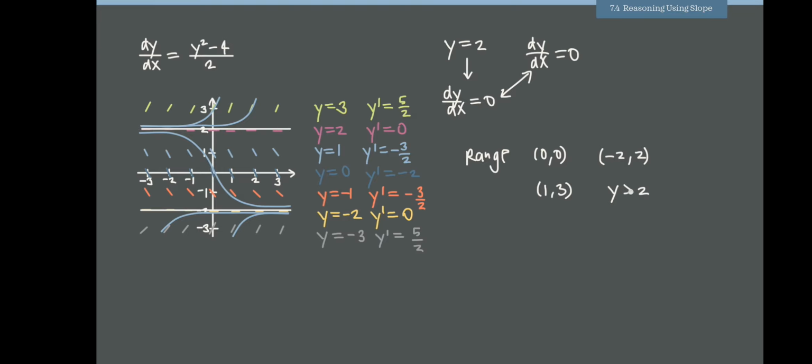You could also be asked something like, what is the limit as x goes to positive infinity of a solution curve that passes through 0, 0? Well, that curve, as it heads toward positive infinity, is going to approach y equals negative 2. So the limit as x goes to positive infinity would be negative 2. But the limit as x goes to negative infinity, heading off toward the left of a curve that passes through 0, 0, well, that would be positive 2.